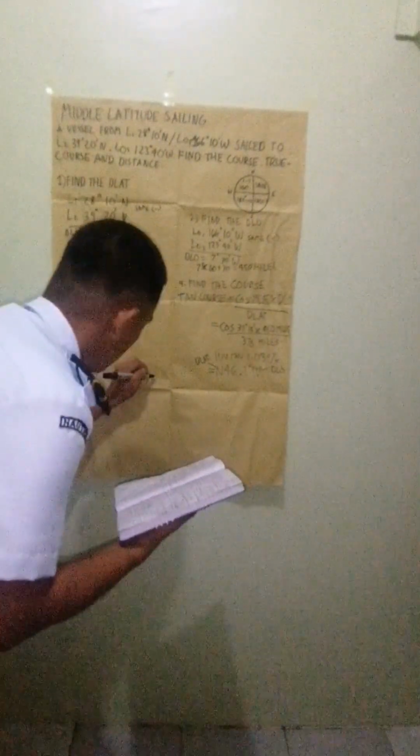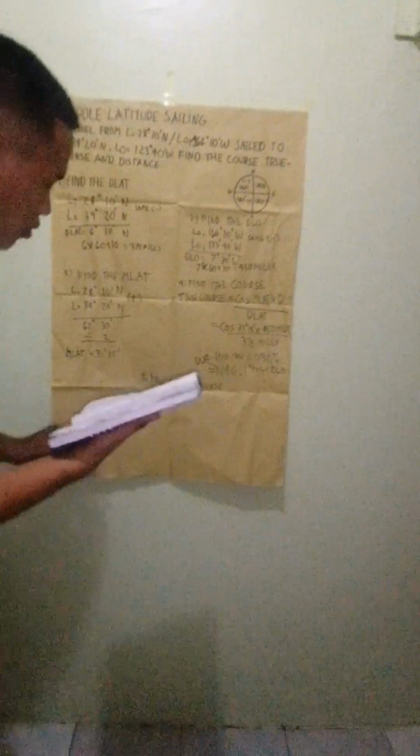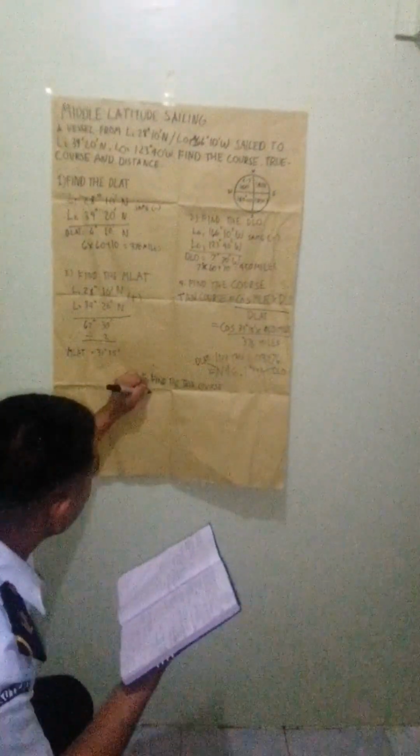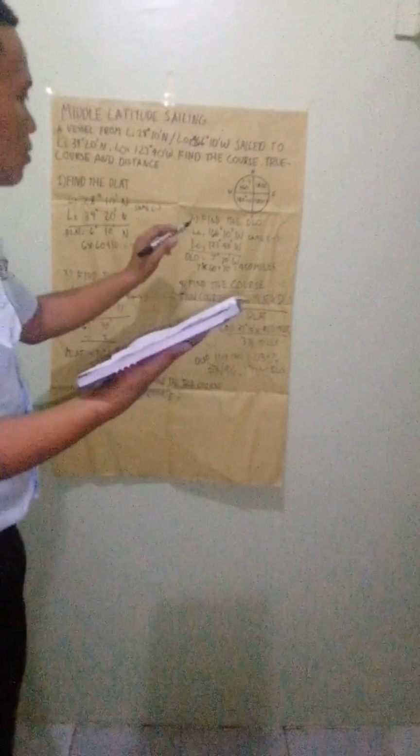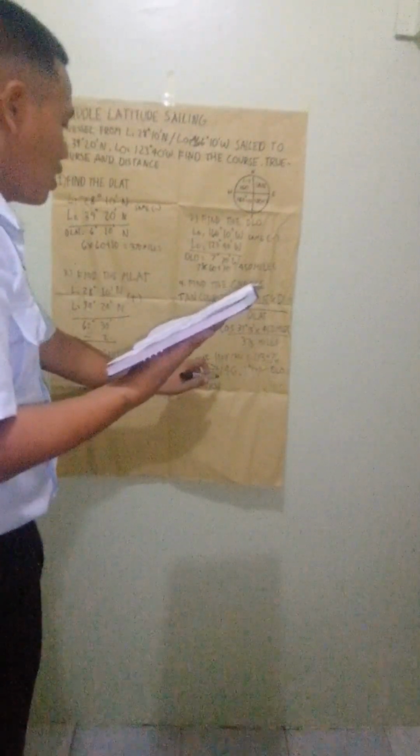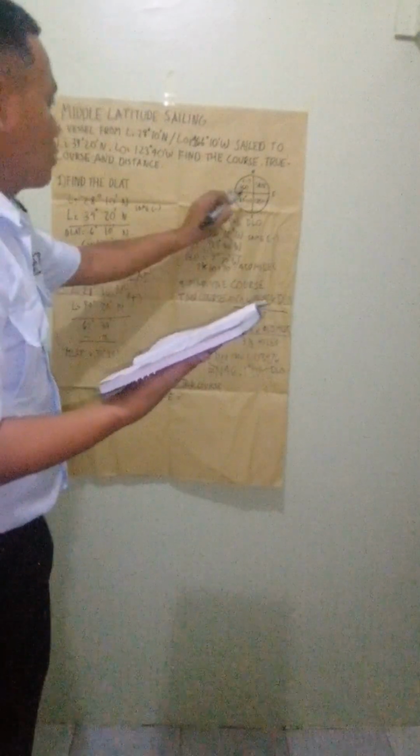And last, we find the true course. According to my plotting, the course must follow north with DLAT and west with DLO.